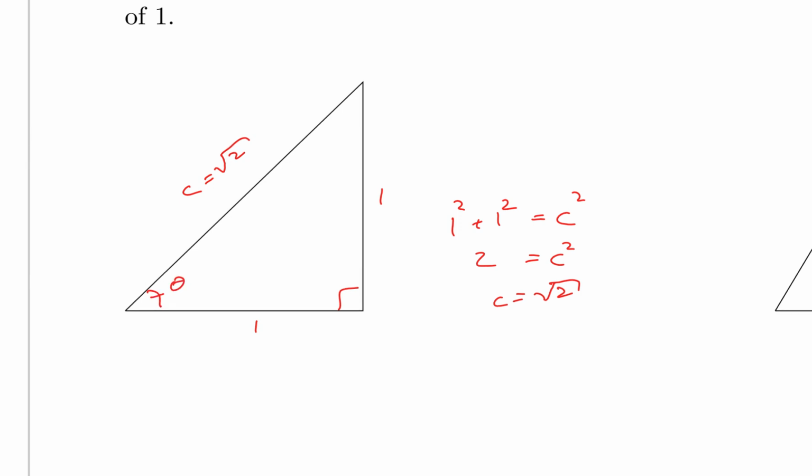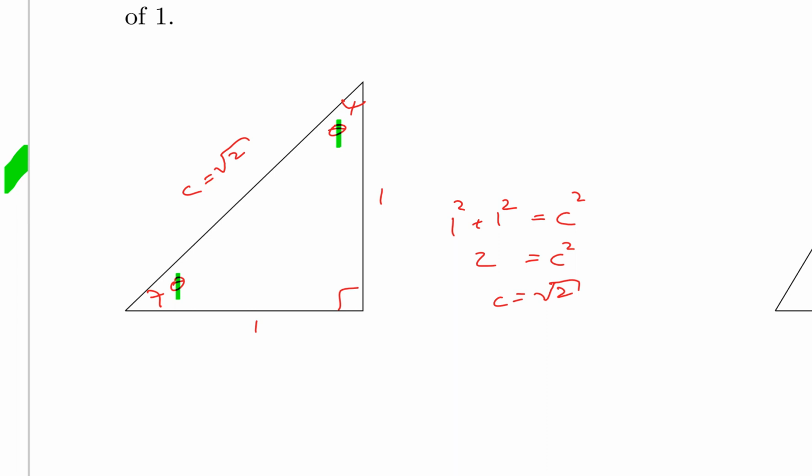So we want to know what is theta. Since it's an isosceles triangle, theta is the same in both cases. So how do we find our angle here? This is an isosceles triangle, so these angles are the same here and here. One thing about triangles is that the sum of all the angles is 180 degrees, or, now that we're getting familiar with radians, that would be pi radians.